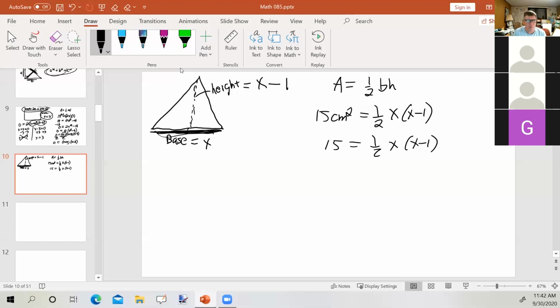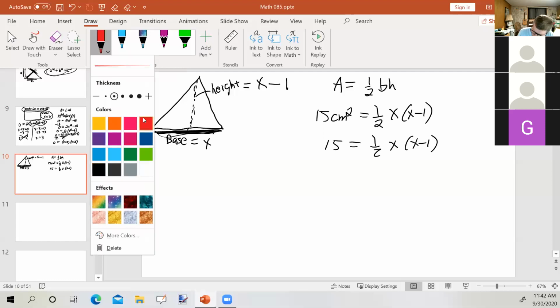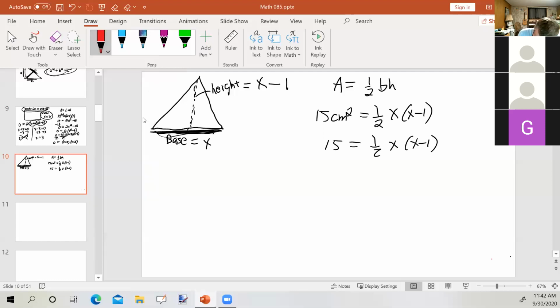Any questions so far? All right, now I could distribute the 1/2 x to the x minus 1 first, and there's nothing wrong with that. But I'd kind of like to get rid of that fraction, that 1/2, and I could do that first. So what I'm going to do is multiply both sides of this equation by 2, being the least common denominator.